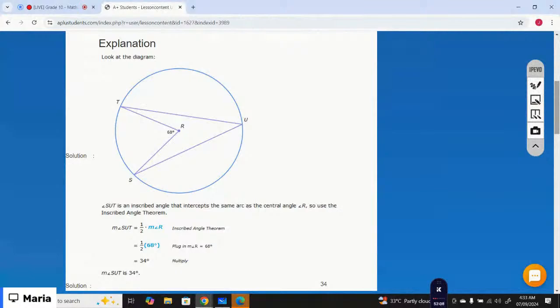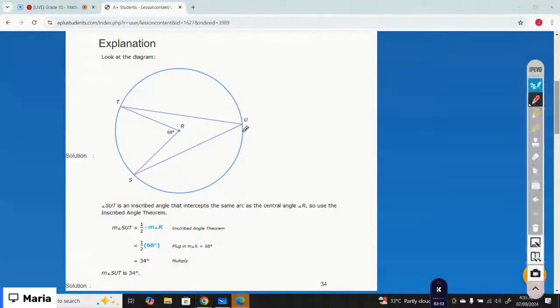That is half of the measurement of angle R, right? This angle is exactly half of this angle. This angle is 68, so half of 68 is 34. So angle U is 34 degrees, right?